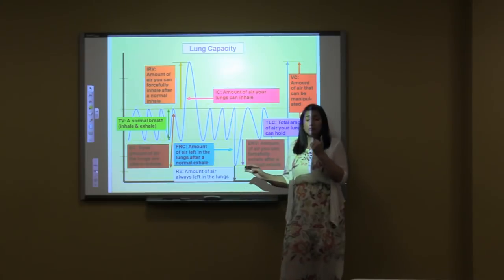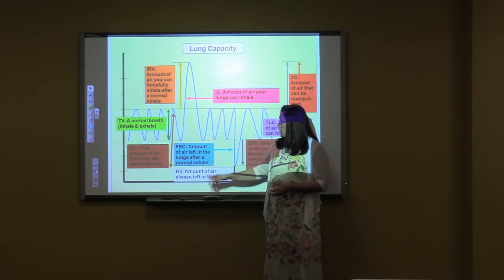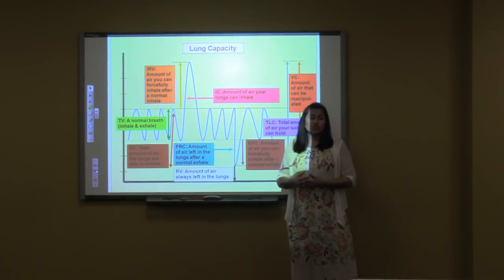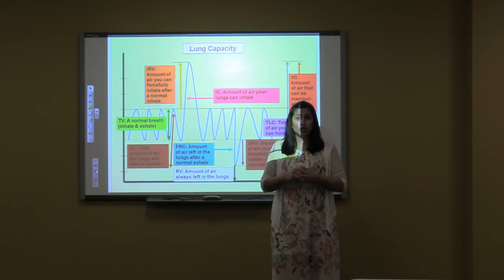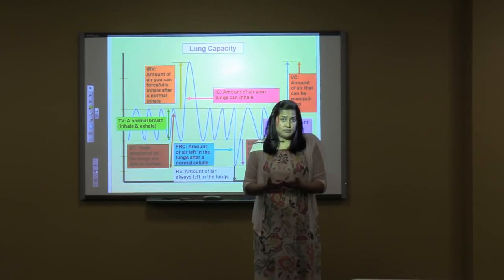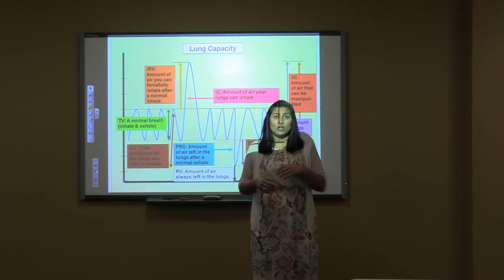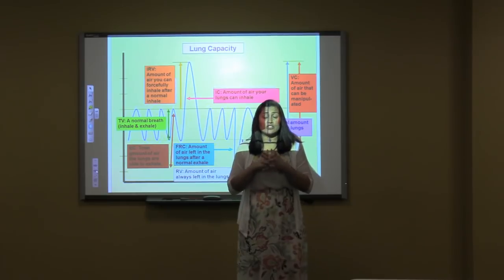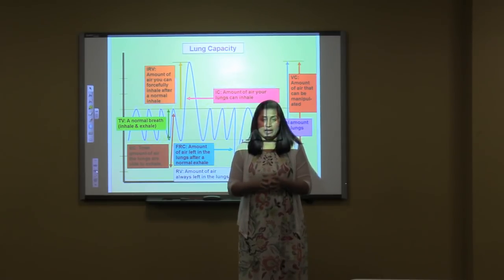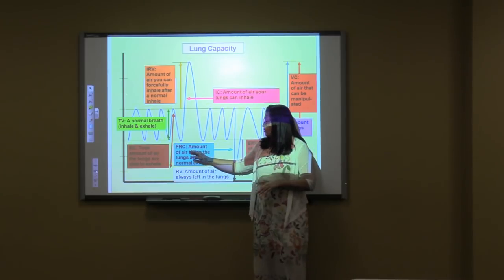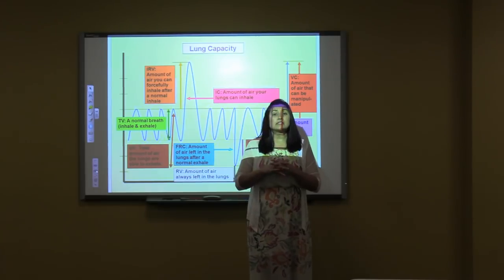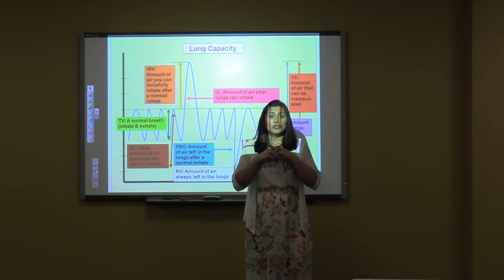So as I said, again, volumes come together giving you capacities. So you have FRC, functional residual capacity. Sorry, I apologize. FRC is the amount of air that's always left in the lungs after a normal exhale.